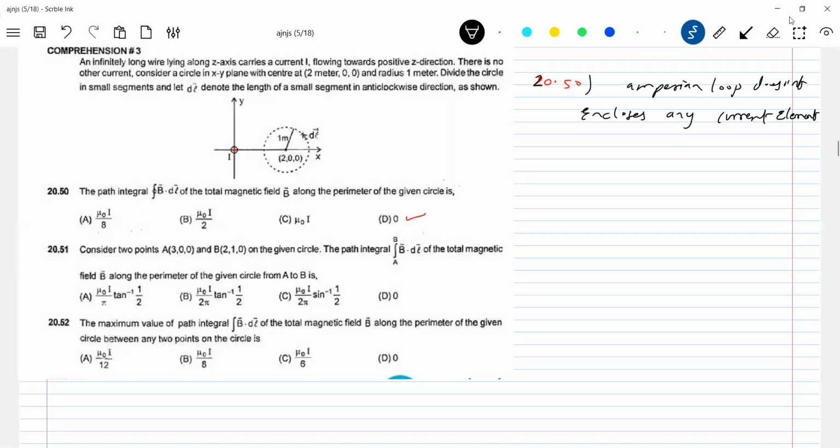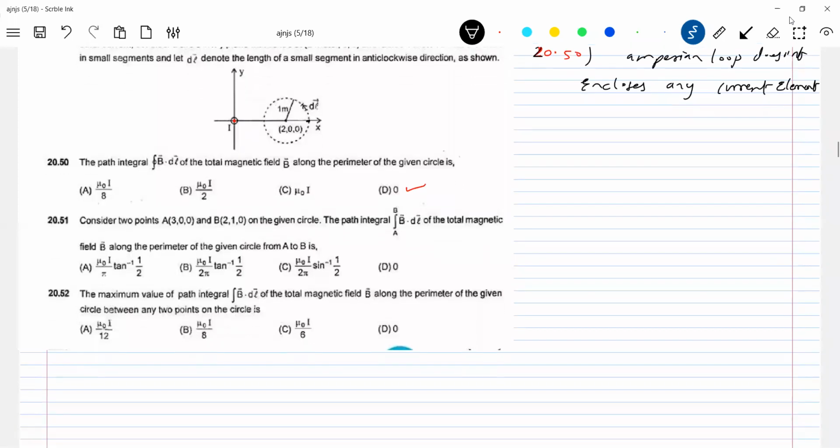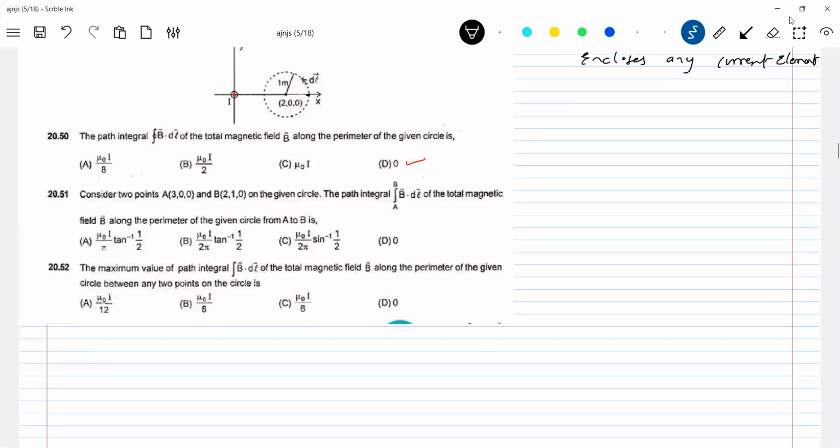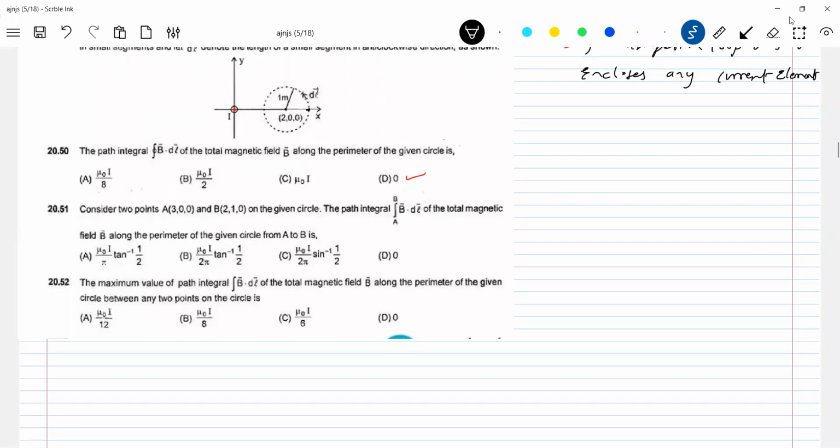Consider 2 points A, B on the given circle. The path integral of the total magnetic field B along the perimeter of the given circle from A to B. So A should be here, and this should be B. So let me introduce, I'll minimize the diagram.